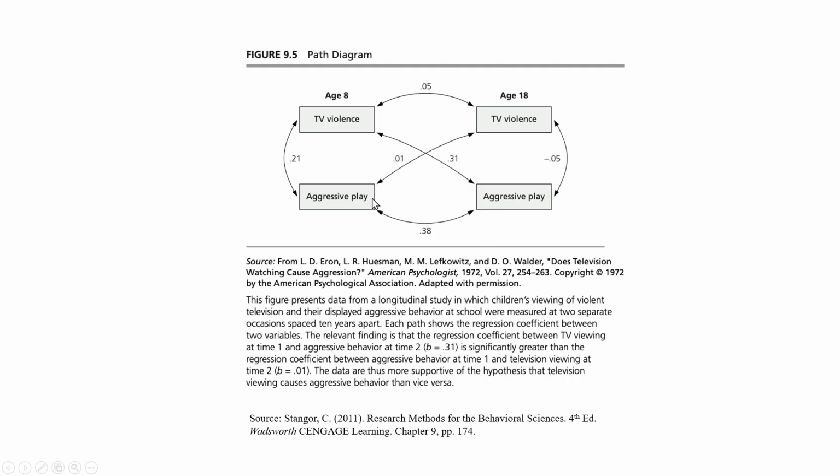So, is aggressive play causing TV violence at the age of 8? 0.21. In the second measure, 0.01. So it reduces over time, that does not remain the main factor. Similarly, when children are almost adults, there is no direct correlation, it is minus 0.05. So it is a very weak negative correlation between aggressive play and TV violence.